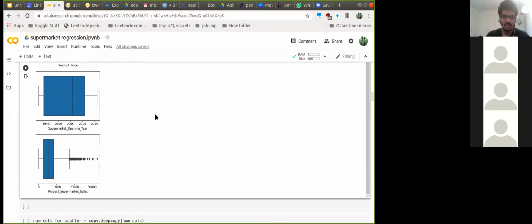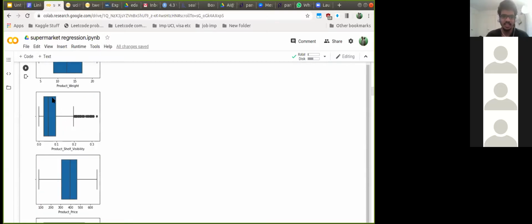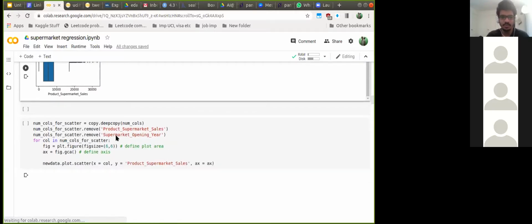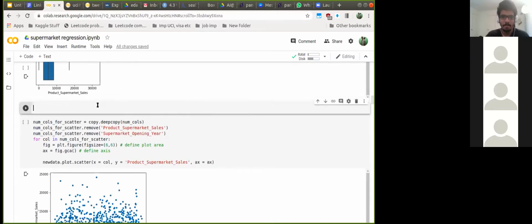As you can see, production visibility has quite a lot of outliers. Other features don't have outliers other than this one, which is our target output. Anyways, moving on.